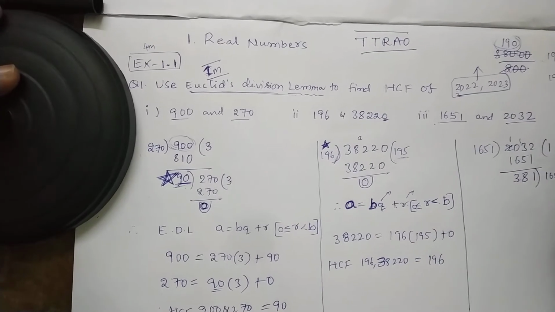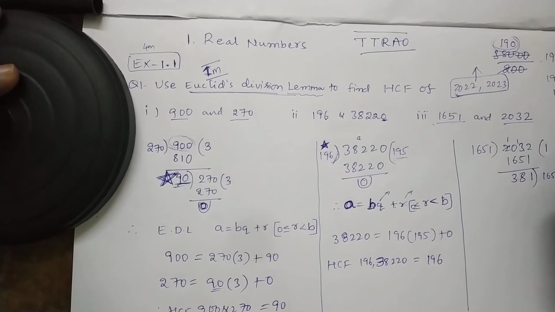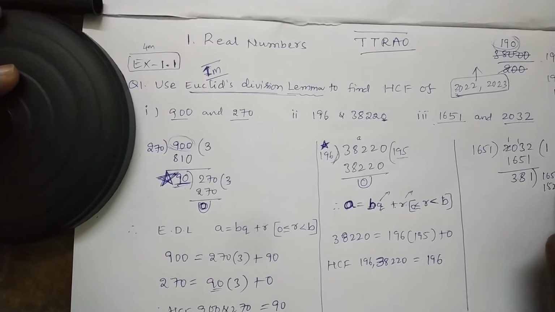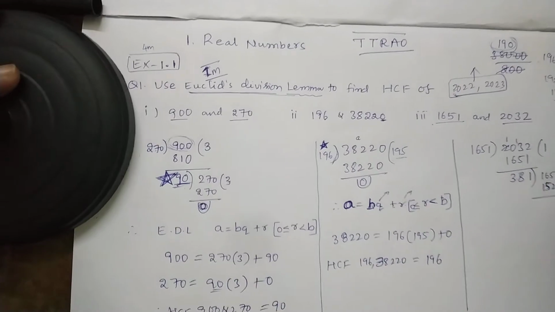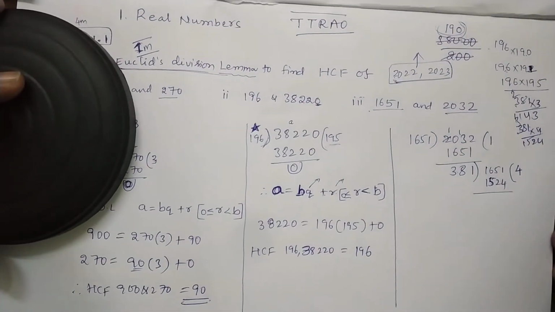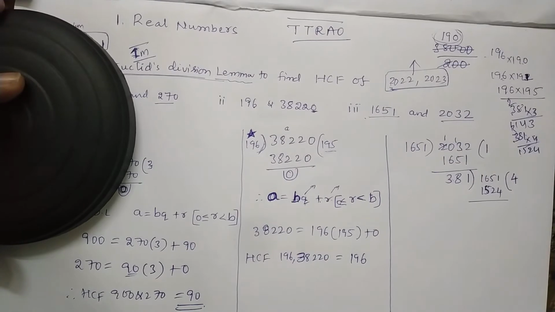Fine, so let us try 381 into 4 times. 4 1s are 4, 4 8s are 32, 3 carry, 4 3s are 12 plus 3 is 15. So we can proceed up to 4 times, and as you multiply you get 1524. Now try to subtract and continue the division, so we'll get the answer.